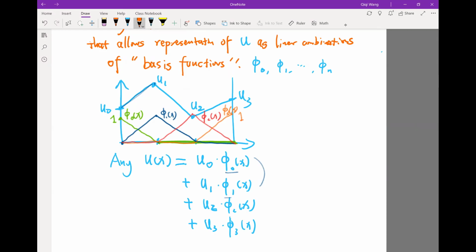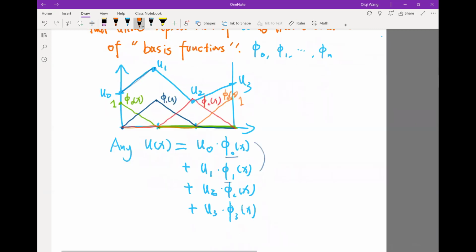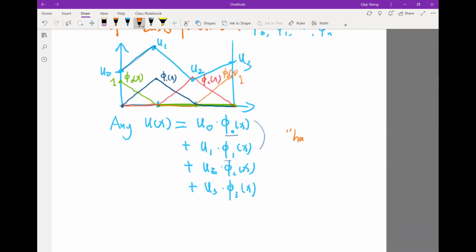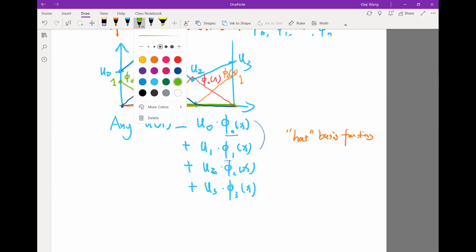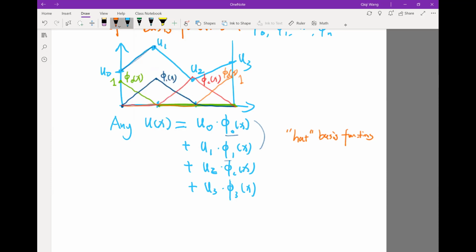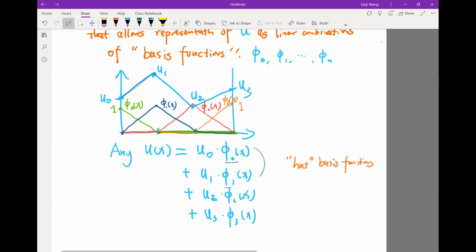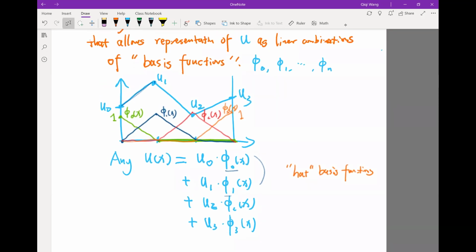You may call them hat functions, or hat basis functions. By performing linear combinations of them, you can construct any piecewise linear and continuous function you want.